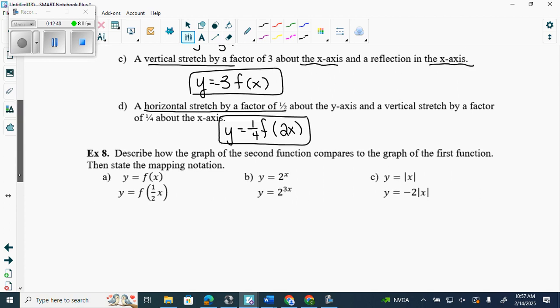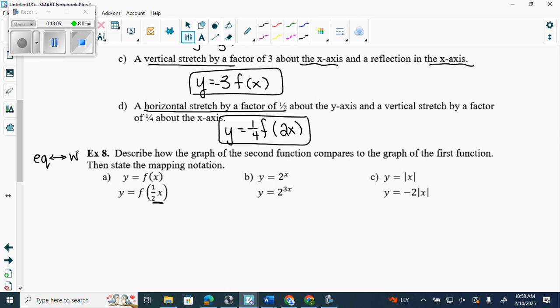Okay, here it says, describe how the graph of the second function compares to the graph of the first function, and then do mapping. So we need words. Is this affecting x's or y's? X's, correct? We're going from equation to words. Correct? So it's going to flip.